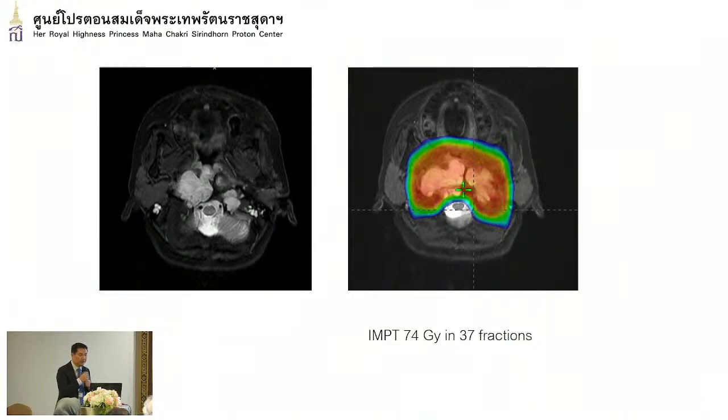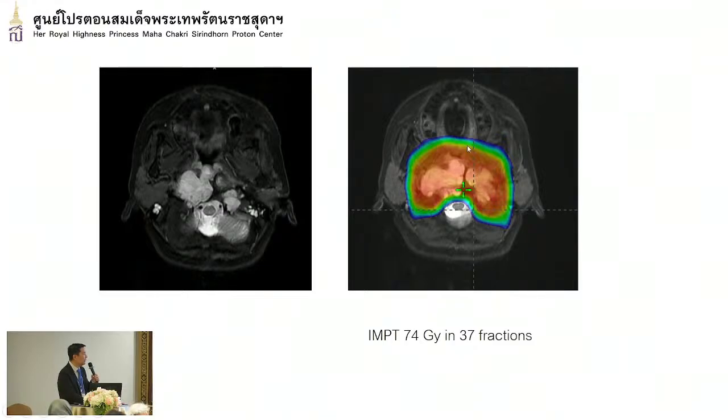This is some of the cases. For this case, the patient has a mass here. This is the cross section of the body at the level of the base of skull. The white mass is the cancer. For this kind of tumor, we need to treat with a high dose of radiation.